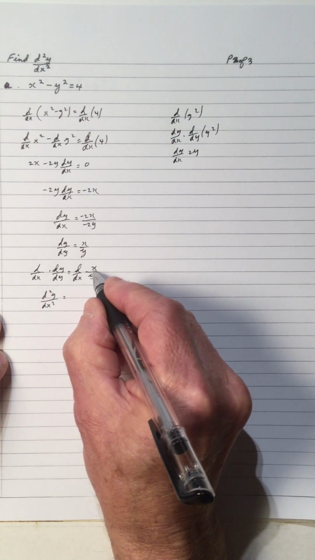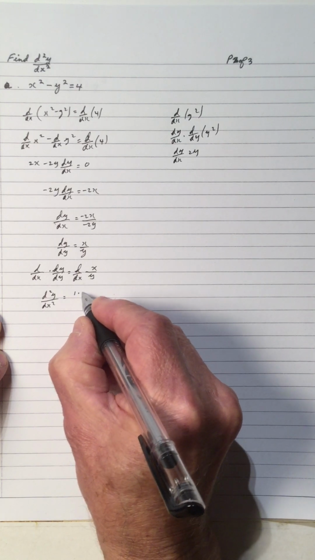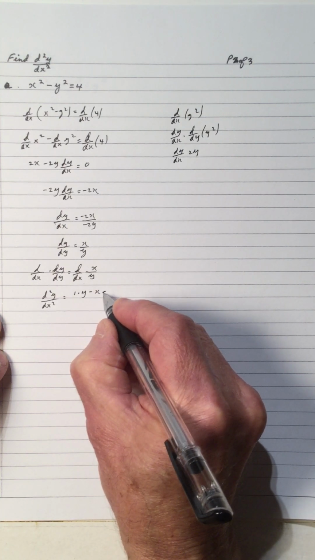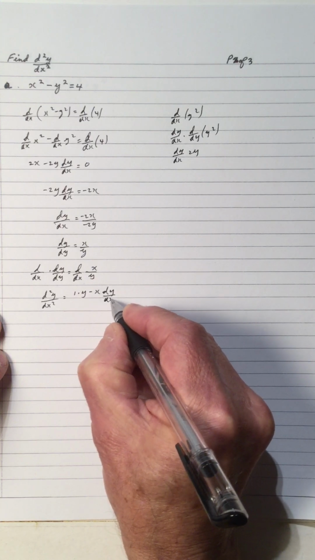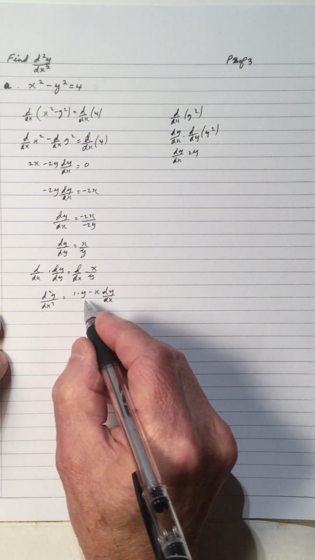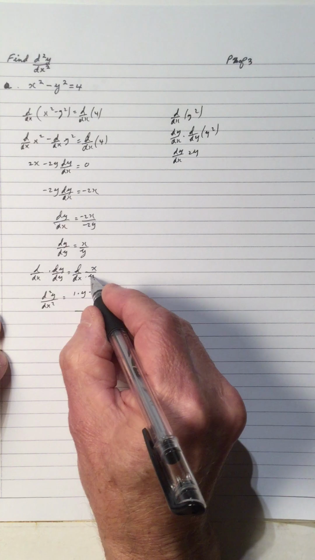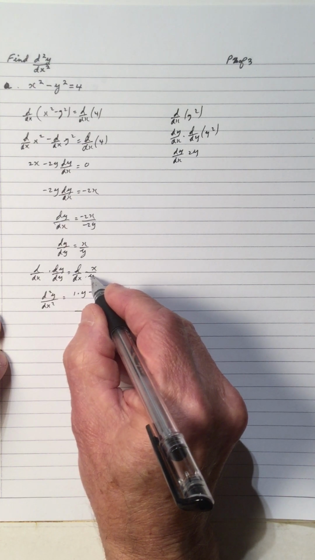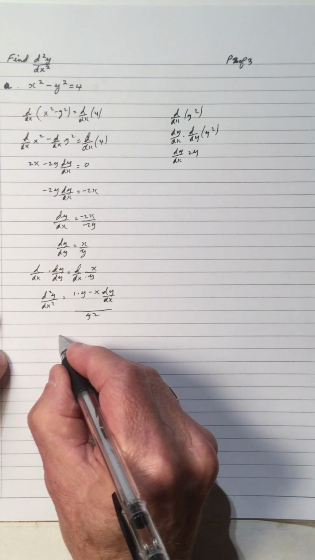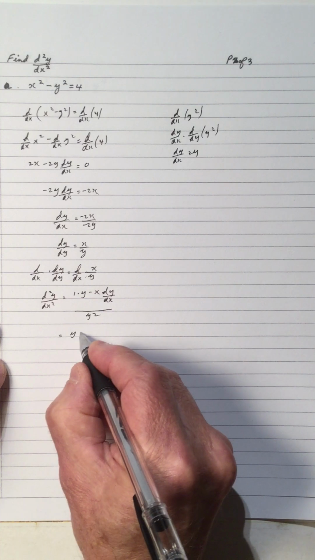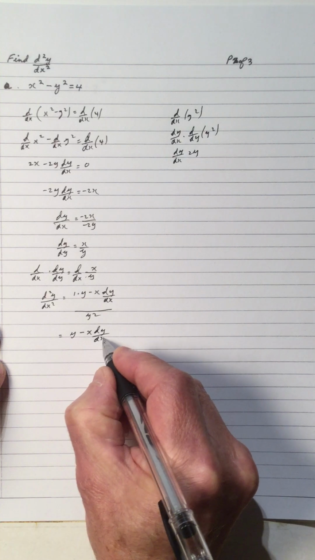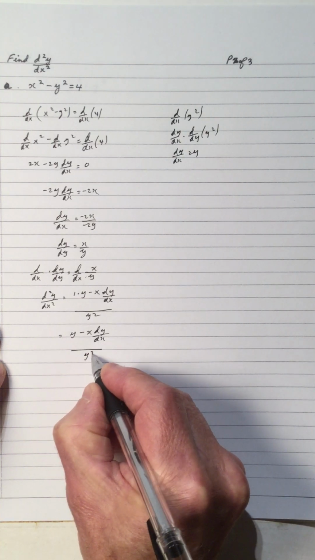So it's the derivative of x, which is 1, times y, minus x times the derivative of y, which is dy dx, all over the denominator squared. So that becomes y minus x dy dx over y squared.